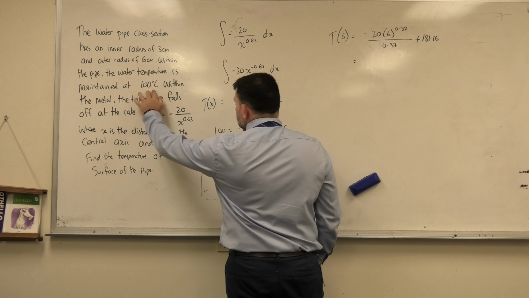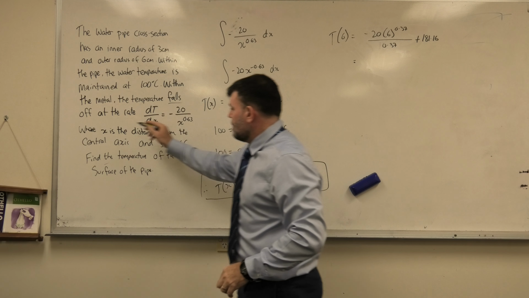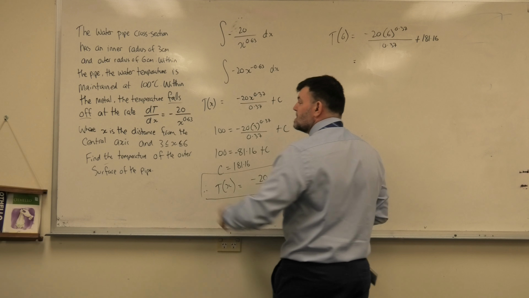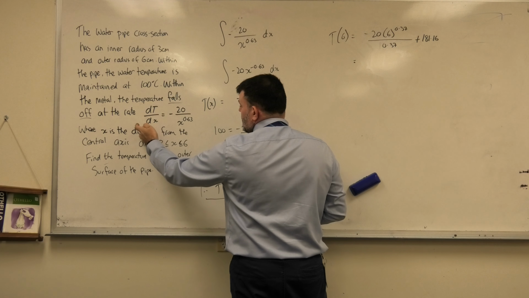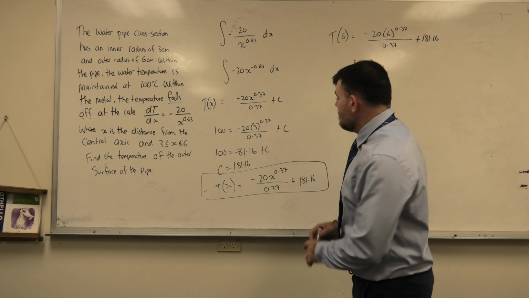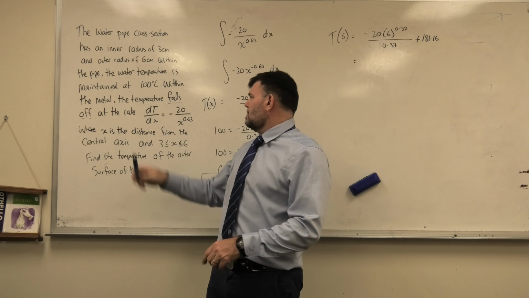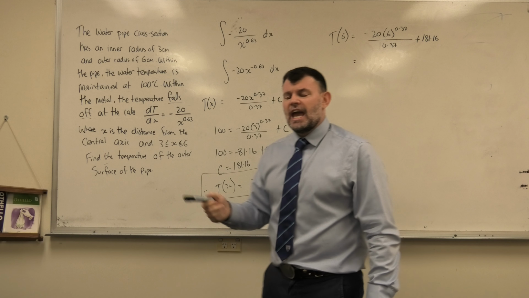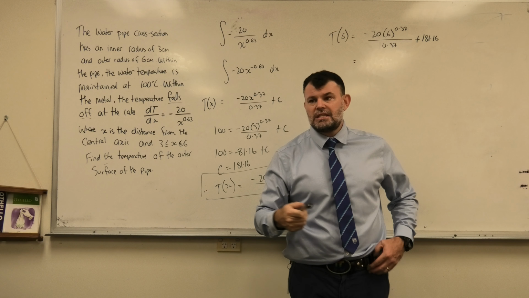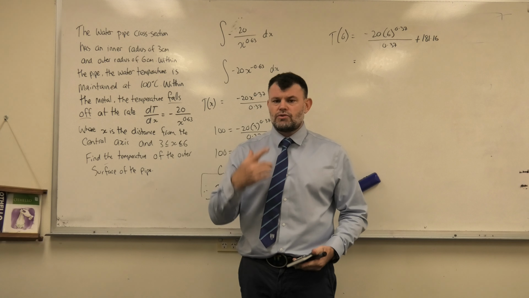It starts at 100 degrees at 3 centimeters, and it says it falls off. When it says falling off, it's decreasing. Another thing that tells us it's decreasing is the rate of change in temperature with respect to distance, which is minus 20. So our answer should be less than 100 because it's fallen off. If we don't get less than 100, then we've done something wrong. So have these things in the back of your head, thinking about how you know you're on the right track.